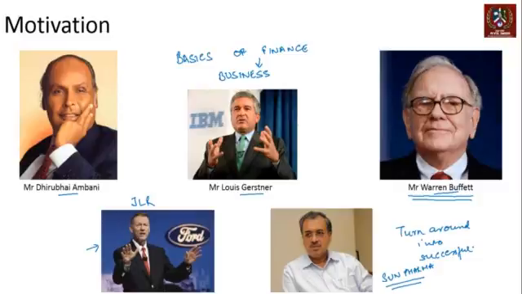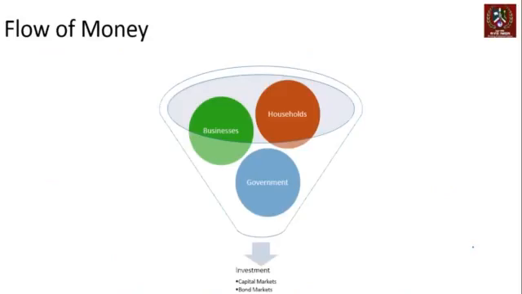Let's move ahead and try and actually understand the flow of money in businesses and in financial markets. So essentially, there are three kinds of entities. Entities such as households, which is people like you and me, our families, who are probably generating some money. There are businesses who are also generating money, and there is government that is also generating money.